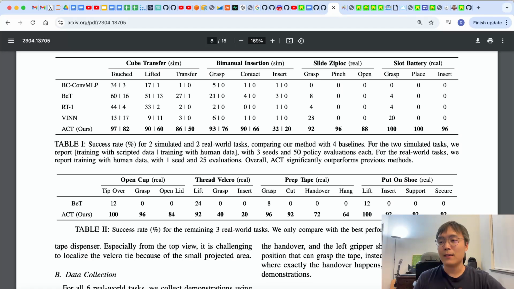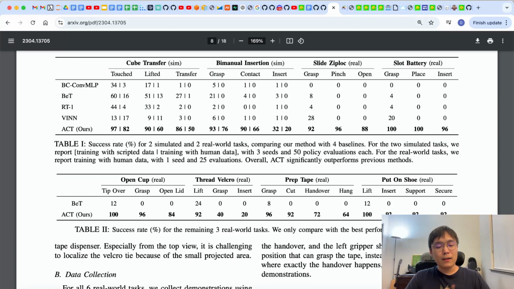And the second thing is that the success rate kind of plateaus after you collect like 100 or 200 expert demonstrations. So this data is not helping the ACT model, right? So it means we need a different approach.